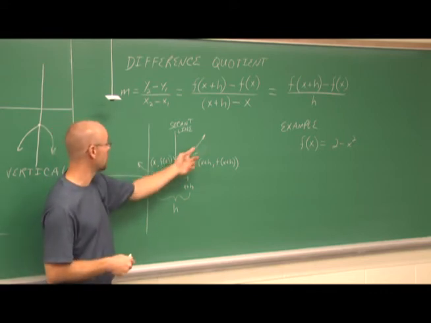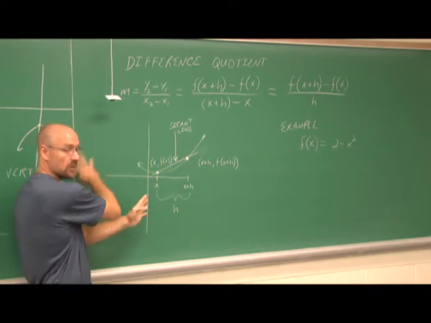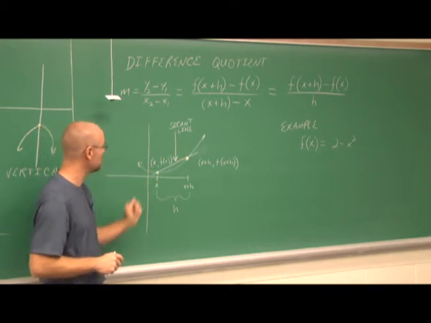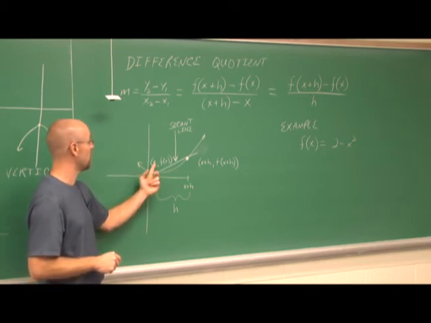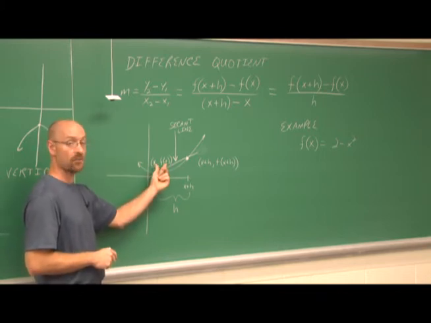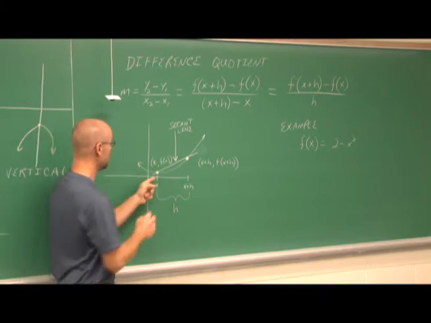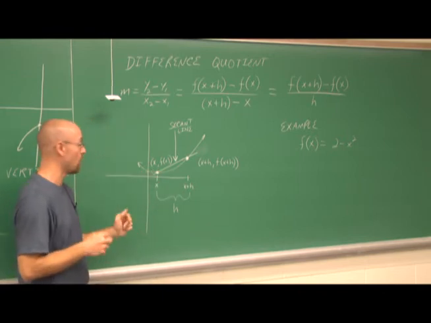So here I have some graph. It may be a parabola, it may be something else, because we don't see what's happening over here. We just see this piece of the function. So this is my first point. If we think of it as x and y, well, function notation is x, f of x. So that's this point right here. Here's my x value. Here is my f of x value, or my y.